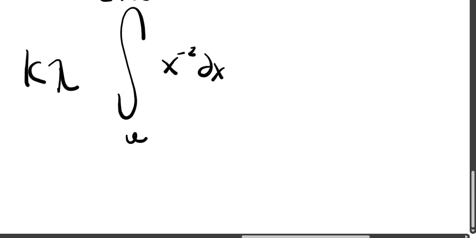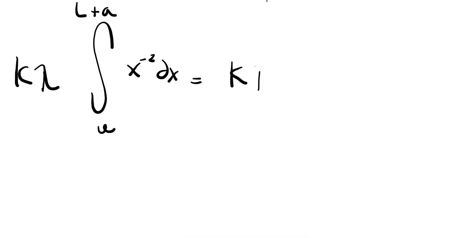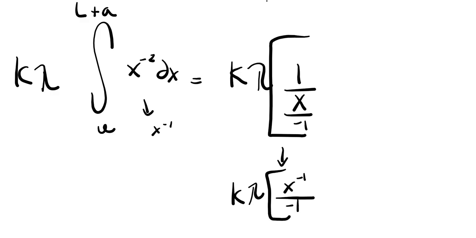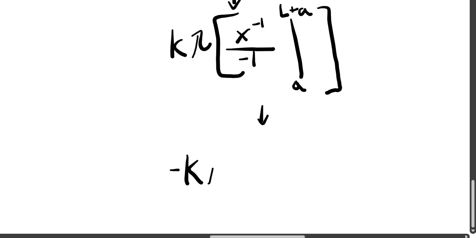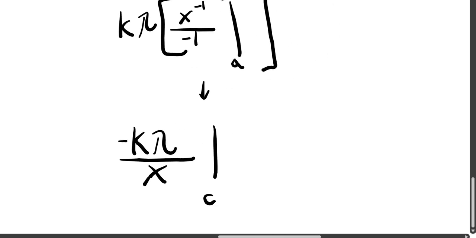Then, as procedure calls for an integral, we add 1 to the exponent and divide by it. So k lambda, 1 over x squared becomes x to the negative 1 over negative 1, which is a little strange looking, so we can rewrite it as negative k lambda over x, evaluated from a to L plus a.